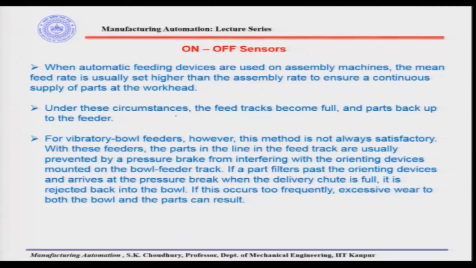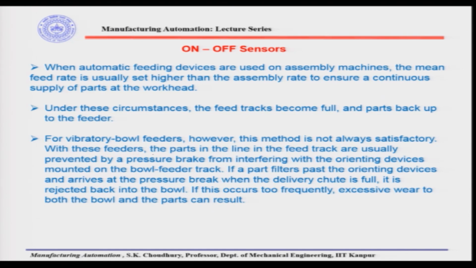Therefore, to avoid starving the machine, we set the F into Vm of the bowl feeder a little higher. Under these circumstances, the feed tracks become full and parts back up to the feeder. For vibratory bowl feeders, however, this method is not always satisfactory.